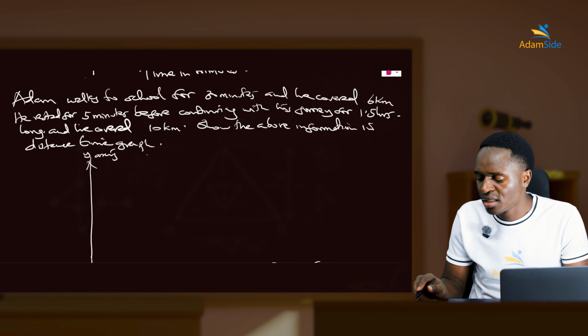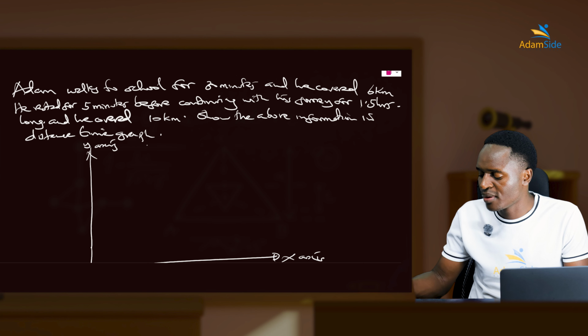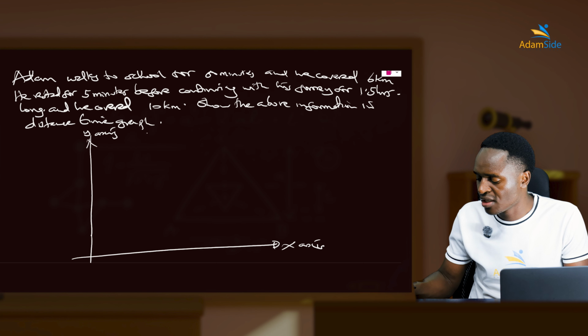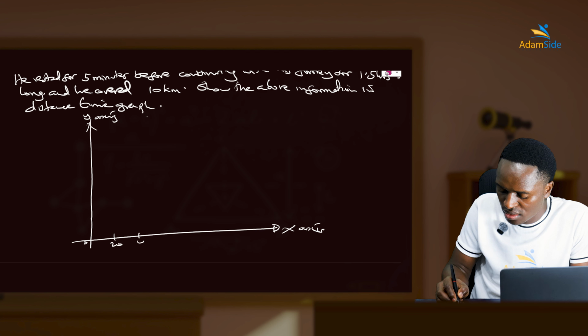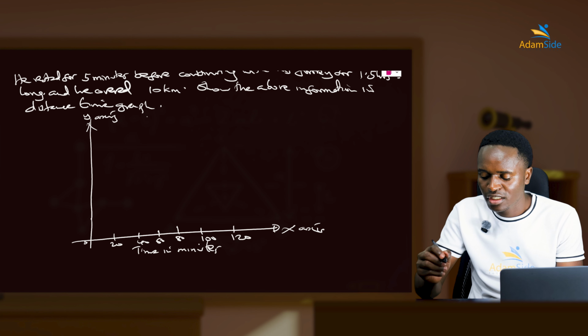We change 1.5 hours times 60, that's 90 minutes, plus 30, that's 120 minutes. So we have 0, 20, 40, 60, 80, 100, 120, time in minutes.